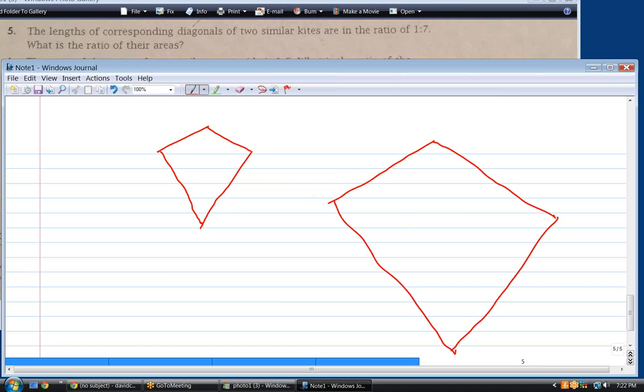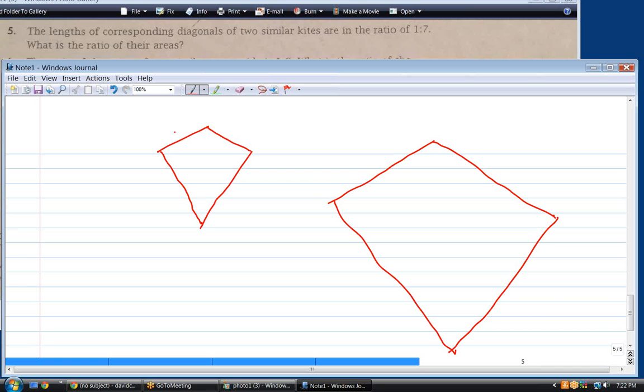This kite is similar, meaning what? Each angle is the same, but the side lengths aren't the same. No, they're not the same, but they are proportional.